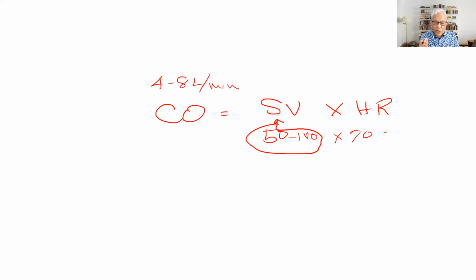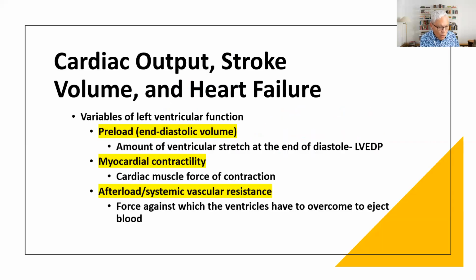This is very important for understanding why compensatory mechanisms sometimes do not work: if you increase heart rate without increasing stroke volume, it's not going to increase the cardiac output at all. So cardiac output is one of the things we will look at whenever we are looking at heart failure.